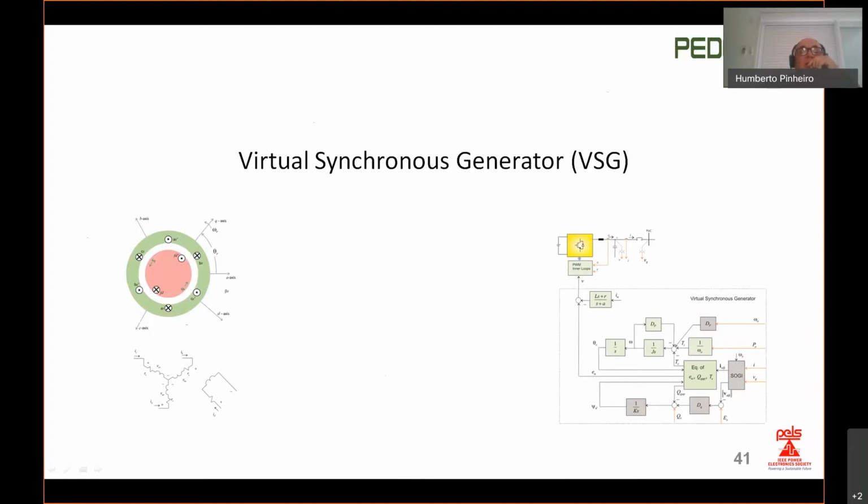In practice, to mimic inertia it is necessary to provide energy to or absorb energy from the grid. So we are not addressing the issue of how we are going to store this energy, or where it will come from or go to when providing this support to the grid.